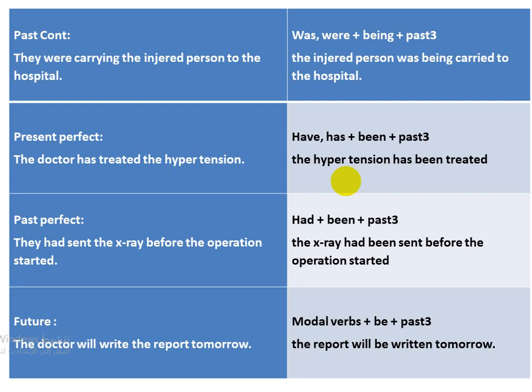So now we are going to look at the rule: was or were plus being plus past participle, which is verb 3.